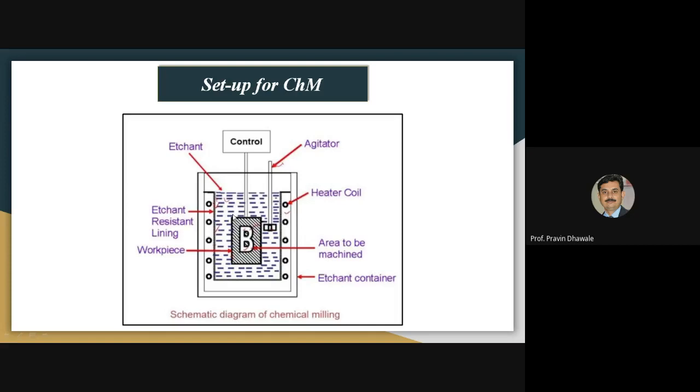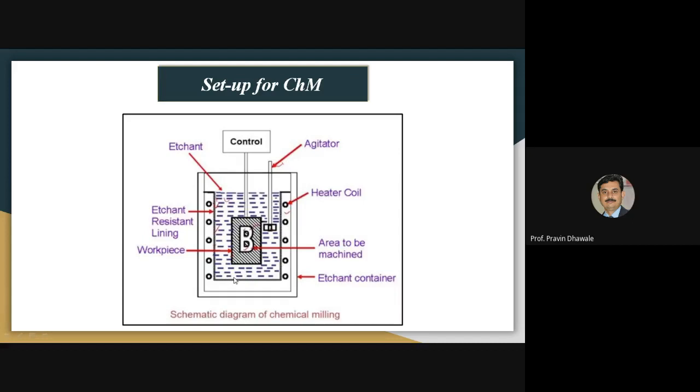In order to maintain a constant rate of removal, or a good material removal rate, in the chemical machining process, we have to maintain a certain temperature of the etchant and proper concentration of etchant throughout this etchant container.